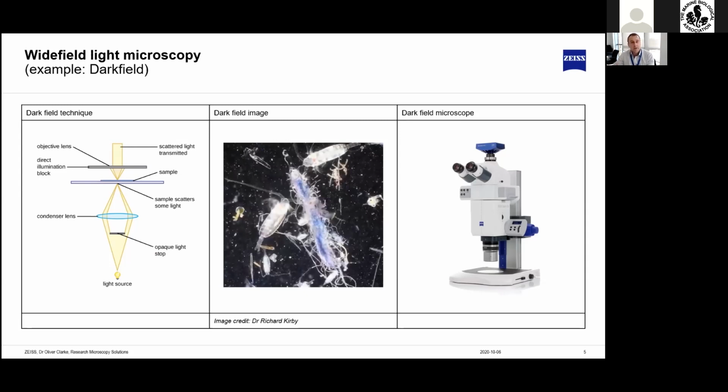And you also need to realize that it's possible to do this on an upright microscope, but it's also possible now to do very good dark field imaging on stereo microscopes. Not so good on inverted microscopes because of the condenser orientation, and it's just not quite so good. But nonetheless, a very useful technique, and probably the one that most people encounter first when they learn microscopy in this setting.